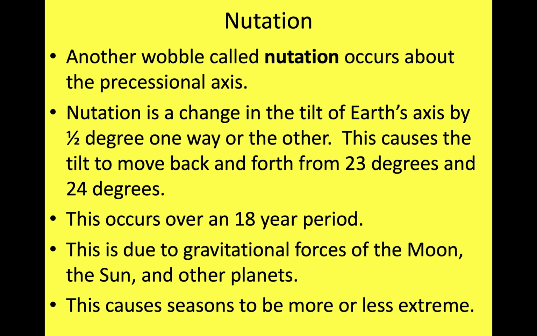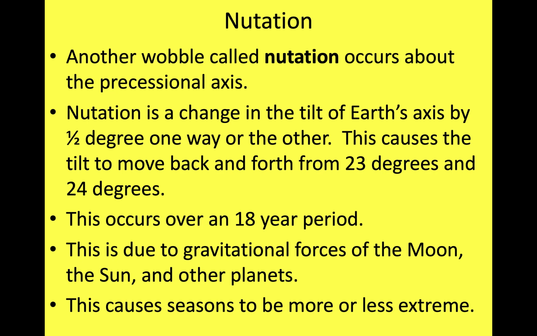We have one more wobble in Earth's axis that we need to talk about, and this one is known as nutation. Nutation is a change in the tilt of Earth's axis by half a degree one way or the other. This causes the tilt to move back and forth between 23 degrees and 24 degrees. So again, if you're asked on an assignment or a test to what degree Earth's axis is tilted, the answer is 23.5.